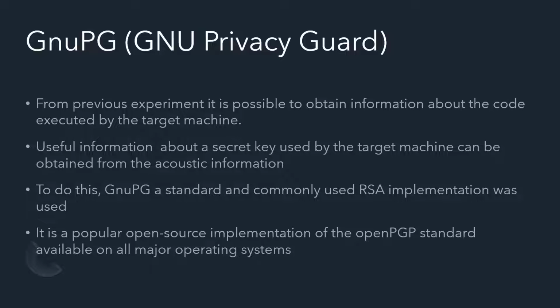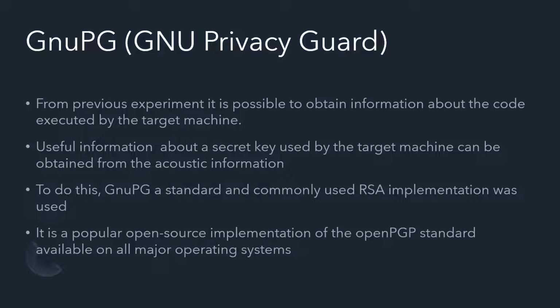The useful information about the secret key used by the target machine can be obtained from the acoustic information. As my friend Denish explained earlier, the acoustic information is the sound that the machine makes whenever it's encrypting or decrypting the code.